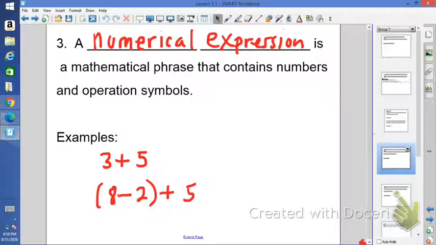Okay, the next one. A numerical expression is a mathematical phrase that contains numbers and operation symbols. So it doesn't include variables. A couple of examples: 3 plus 5 is a numerical expression. The quantity 8 minus 2 plus 5 is also a numerical expression. There are no variables.